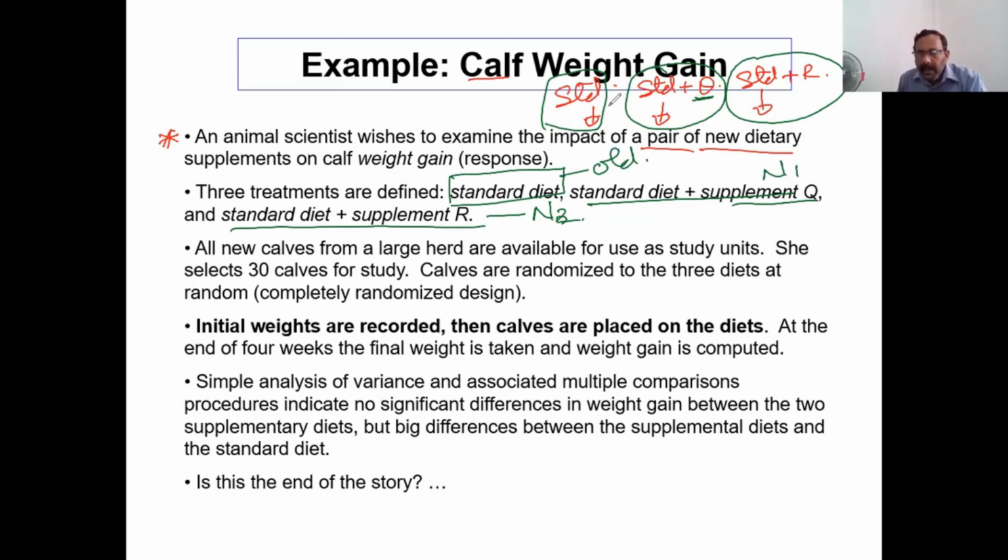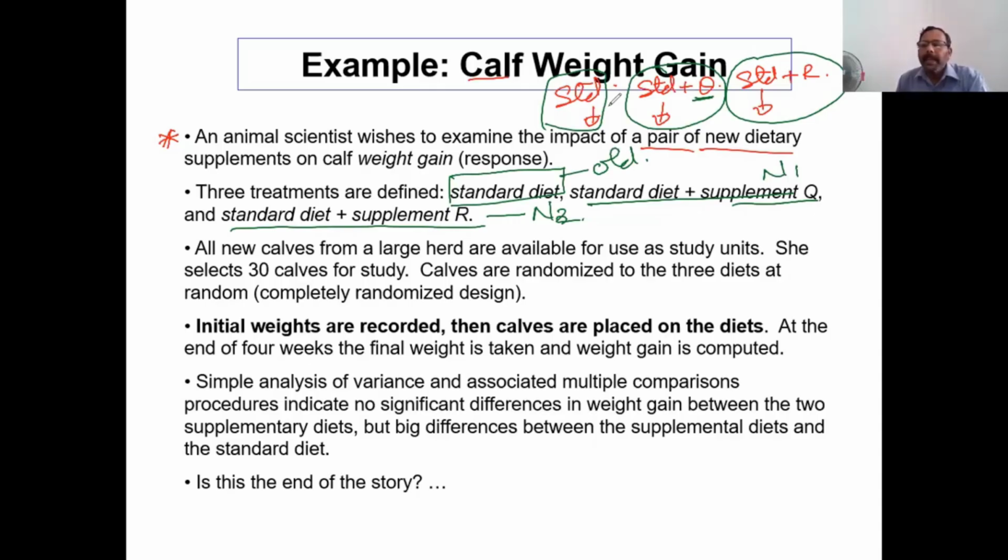Standard diet, which we are practicing now. The second one is standard diet with some supplement. What do you mean by supplement? You learned already. It provides the missing nutrients which are missing in the feed.